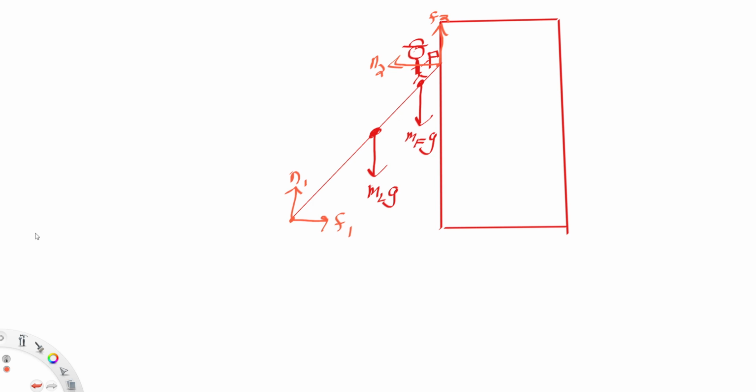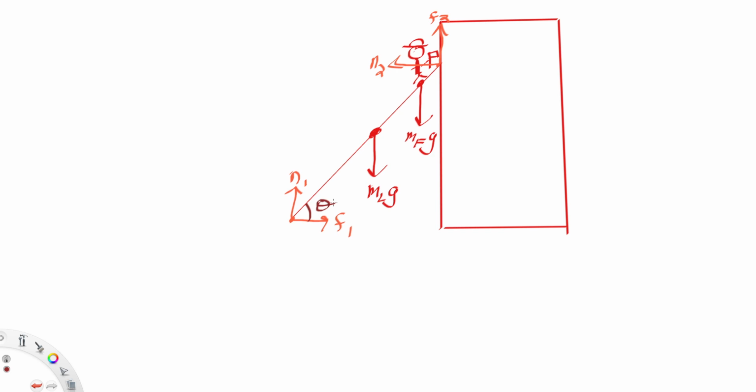So what we are interested in here is at what angle, right? What's the limiting angle here? The minimum angle that we can put this ladder on and not have the whole thing slip. Right?